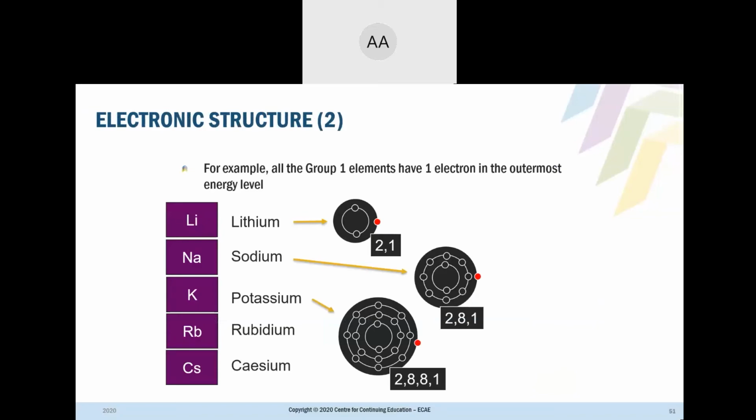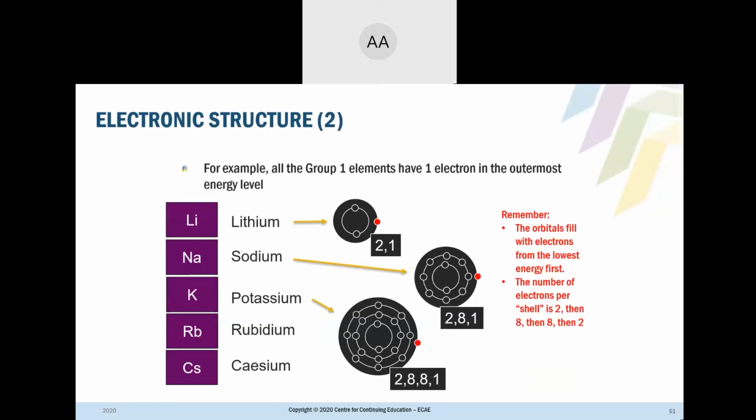So as an example, all the group 1 elements have 1 electron in the outermost energy level. Look at the electron configuration for lithium and look at it for cesium. The last shell always has 1 electron. So that's a very good rule to remember.